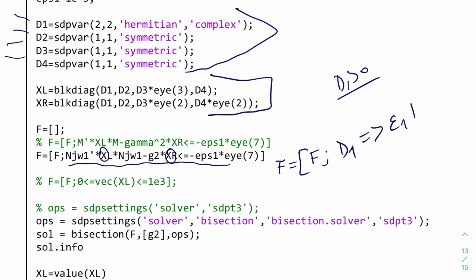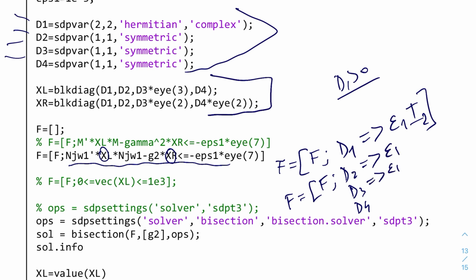Strictly positive, and identity is a 2 by 2 identity. And again the same thing for D2, D3, and D4, with epsilon 1.